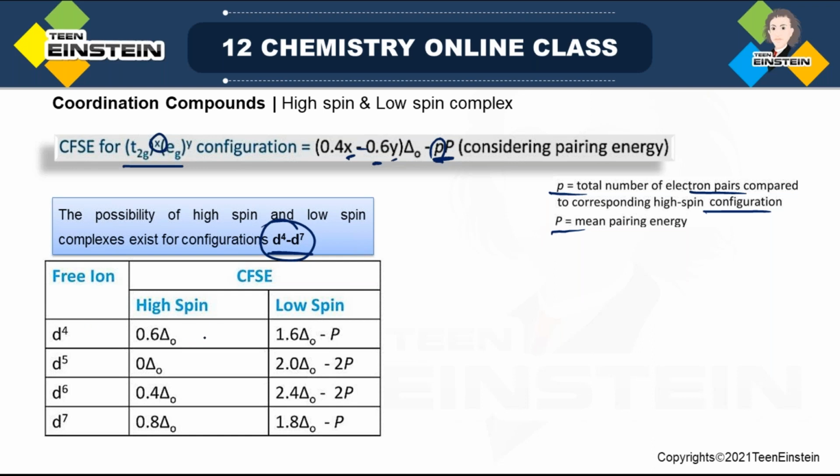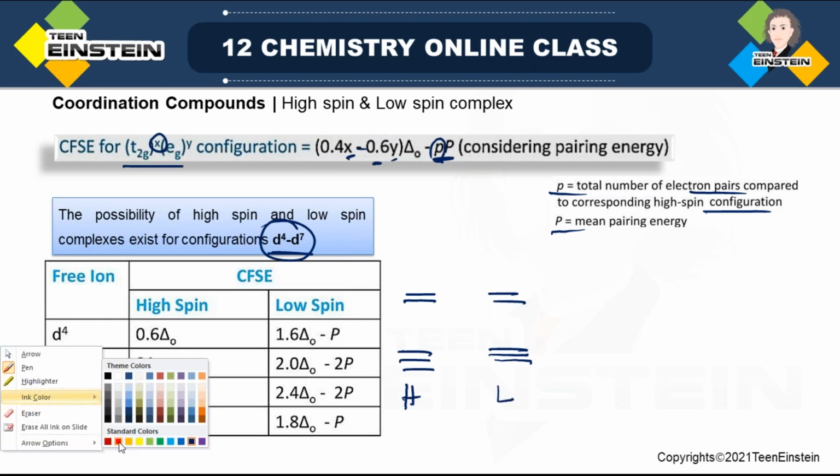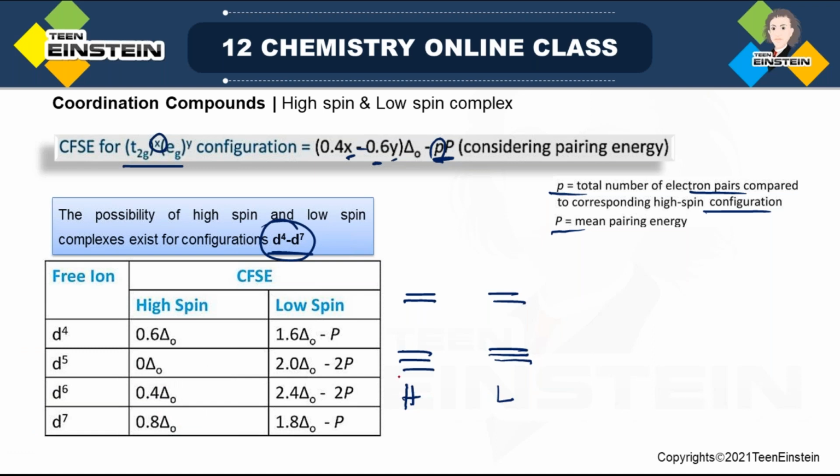So suppose d4. If it is high spin and this is low spin, so two possibilities are there. When it is high spin, the delta O value is not so high, and here we will place the electrons like this, but if it is low spin, it will be like this.